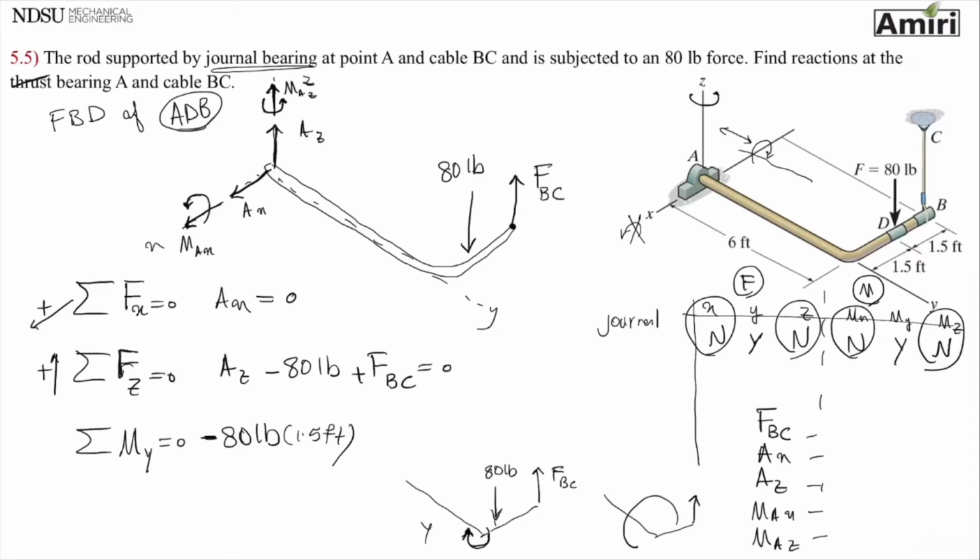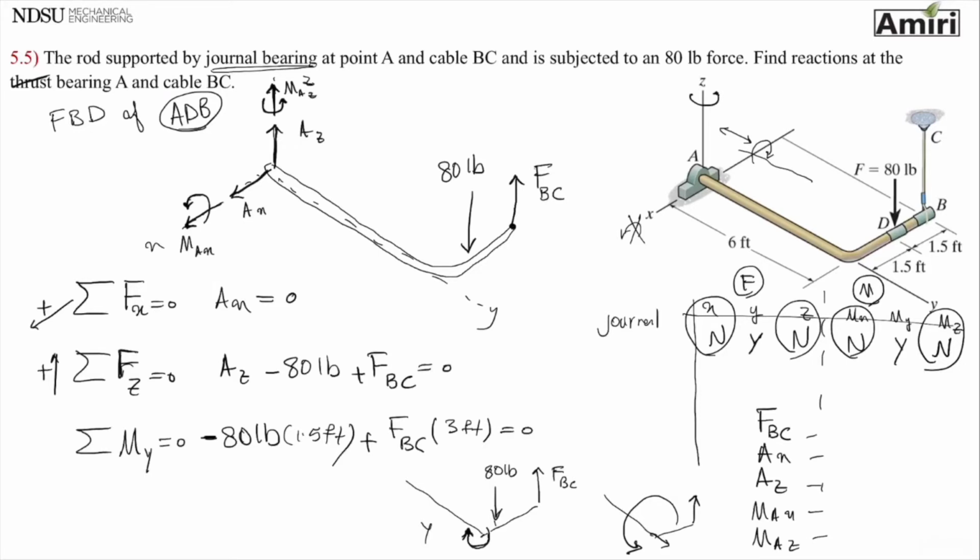FBC is trying to rotate this whole rod about the y-axis. If I curl my fingers towards where the arrow is, that way is positive, so that's going to be positive. I have FBC multiplied by the distance, which is 3 feet, and that's it.